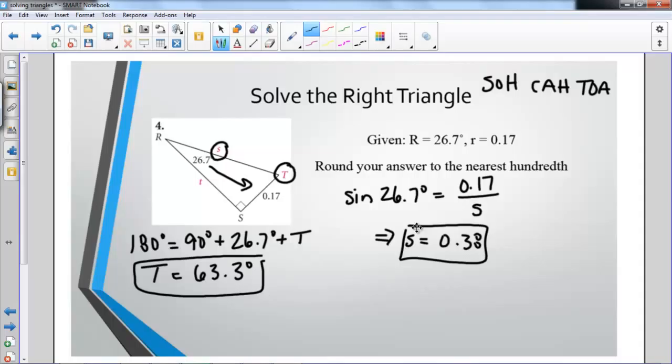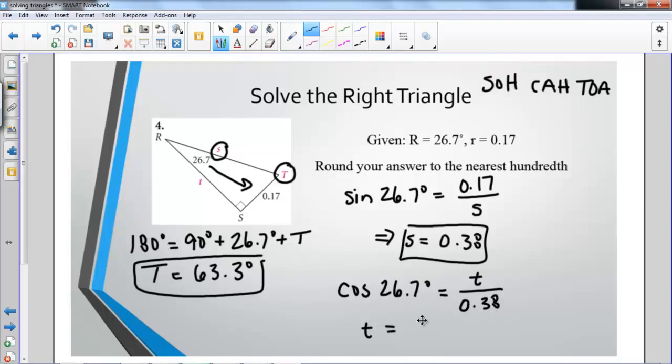Now we need to solve for little t. I can either choose to use cosine of my angle R, or I can choose to use the Pythagorean theorem. In this case, I'm going to choose to use the cosine of 26.7 degrees equals my adjacent, which is side t, over my hypotenuse, which we just found, 0.38.